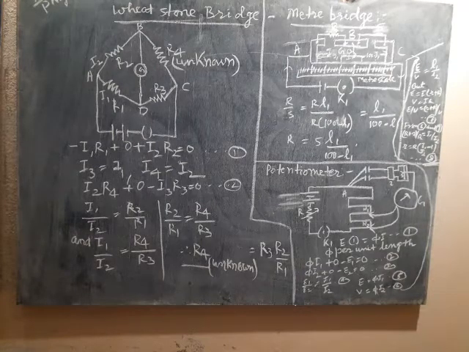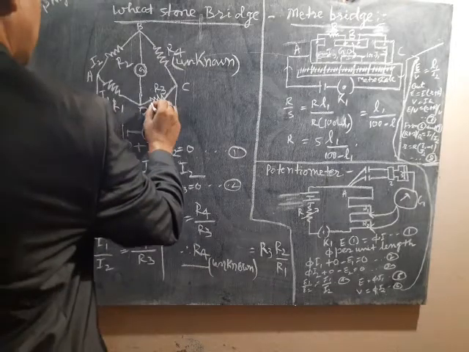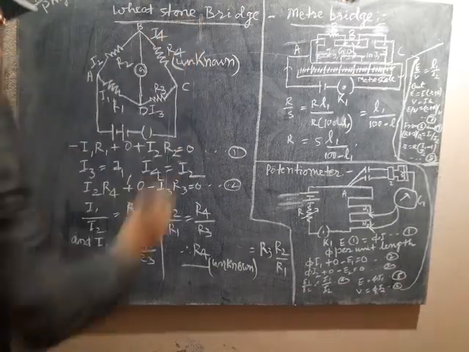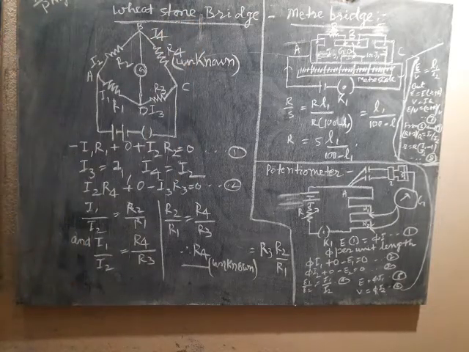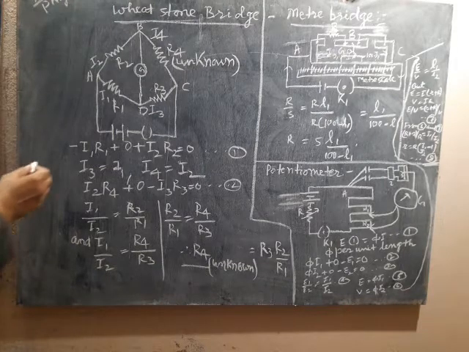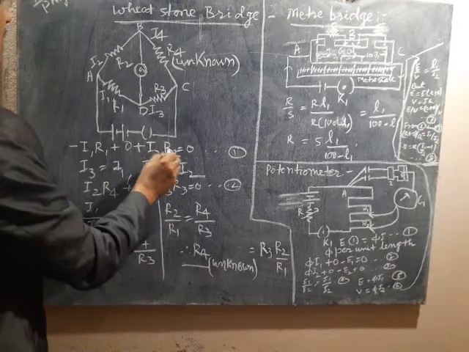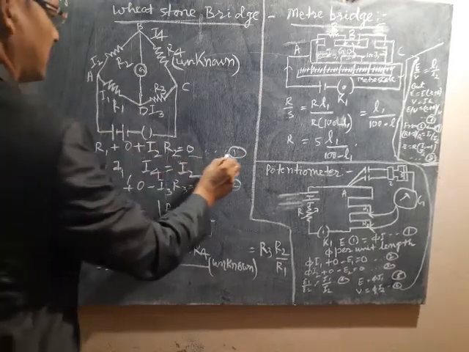Try to understand I1, I2, I3, I4, and all the things given here. Here I3 and here I4. Now here also try to understand: minus I1 R1 plus 0 plus I2 R2 is equal to 0. That is first.